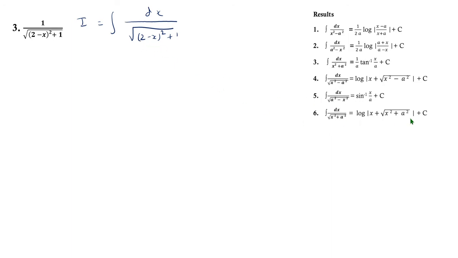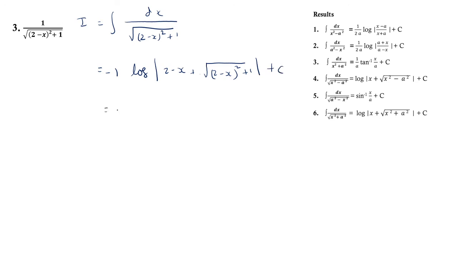So again we can use this last result. So since we have minus x, it will be minus 1 into log mod. In place of x we have 2 minus x. So log mod 2 minus x plus square root of 2 minus x the whole square plus 1 plus c.